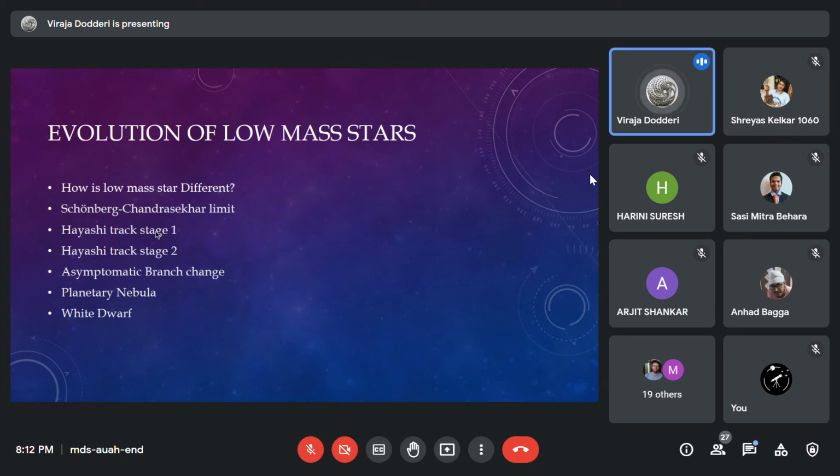There is also a slight change in the luminosity in the outer layer because of the expansion of the outer layers and the contraction of the core because of the helium burning. As this contraction continues, it goes through the Hayashi track 1.